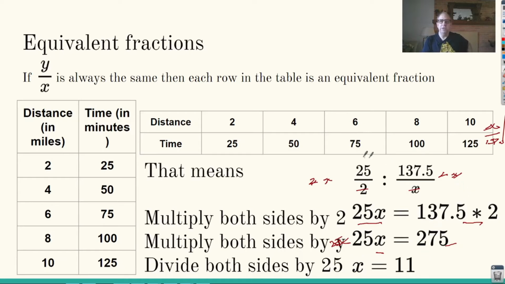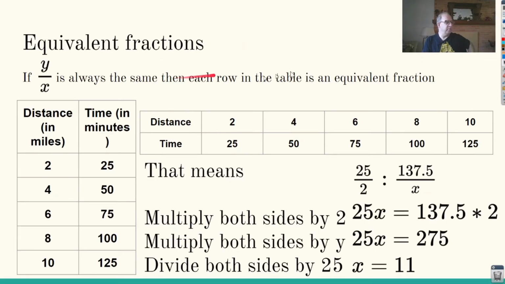So the distance he would travel if he walked for 137.5 minutes would be 11 miles. Okay.